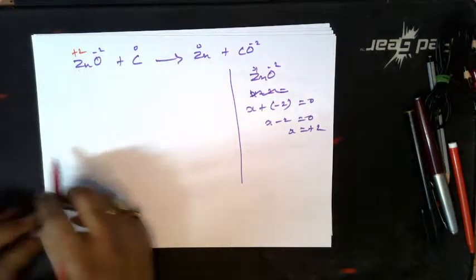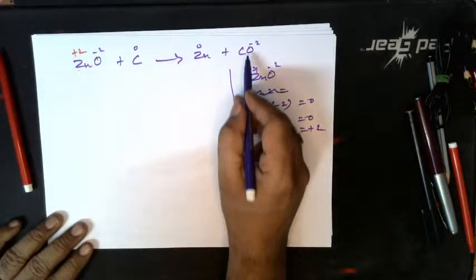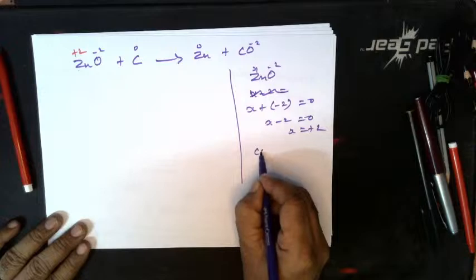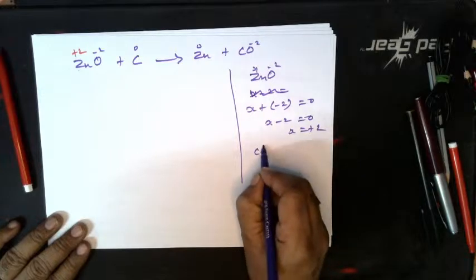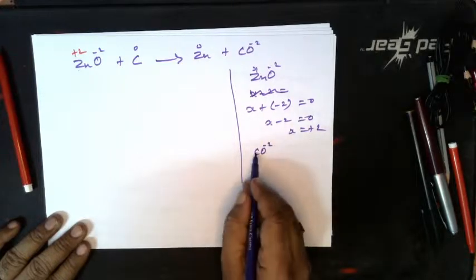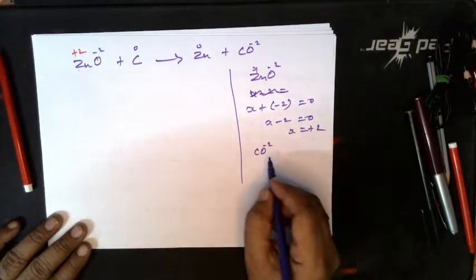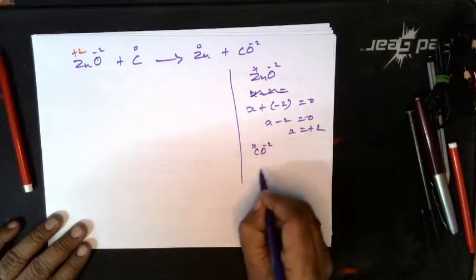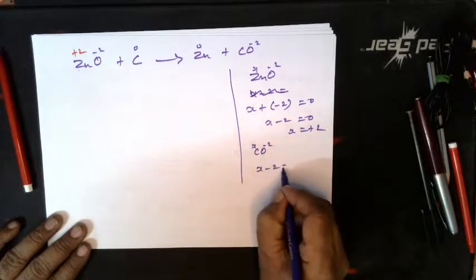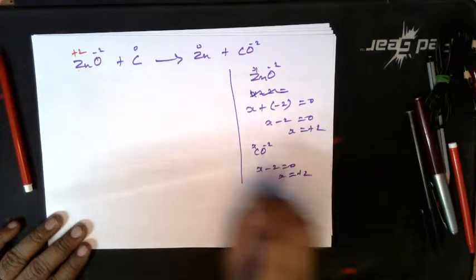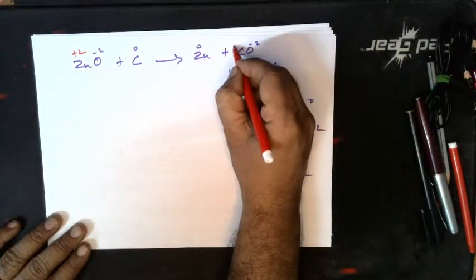Okay. Similarly, you had to find out here. CO, is it not? So for this it is minus 2. And what about this carbon? It should be plus, is it not? Plus 2. Okay. So put X for this. So X minus 2 is equal to 0. X is equal to plus 2. So you can put this as plus 2.